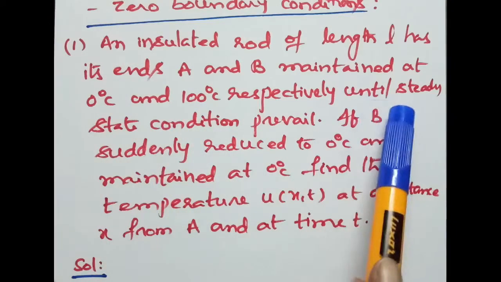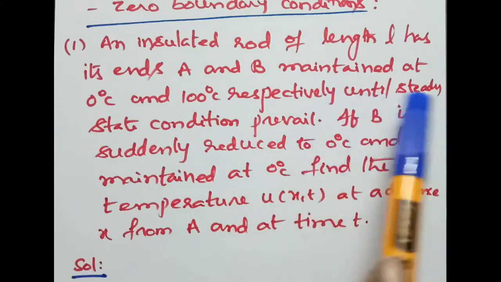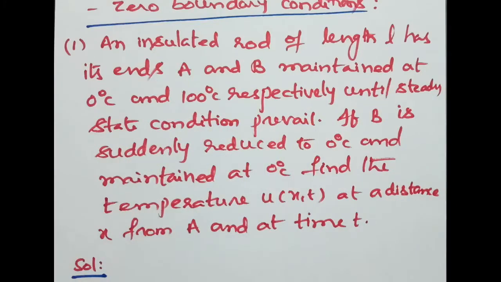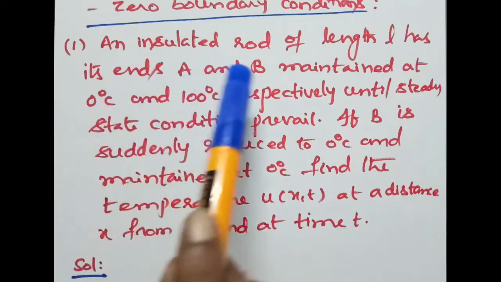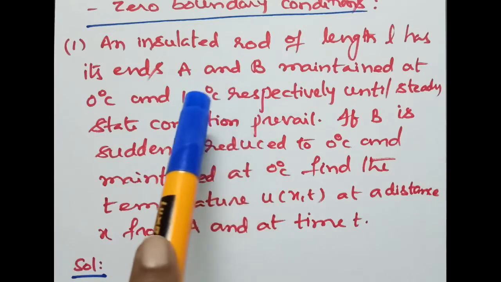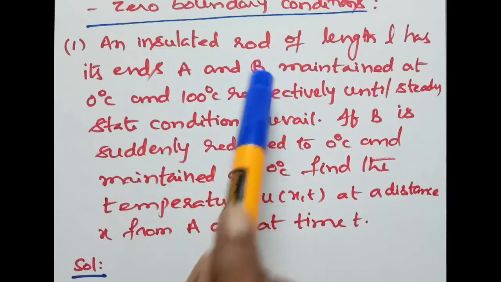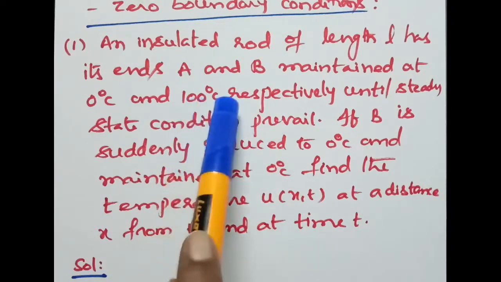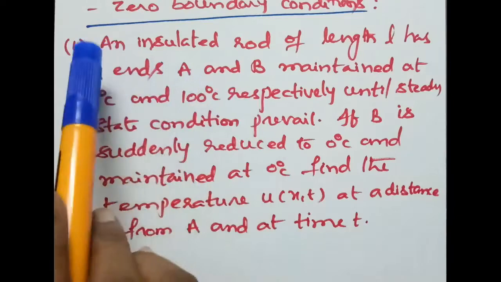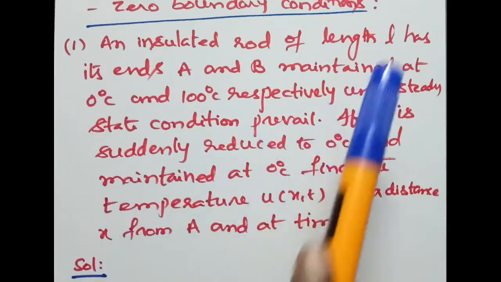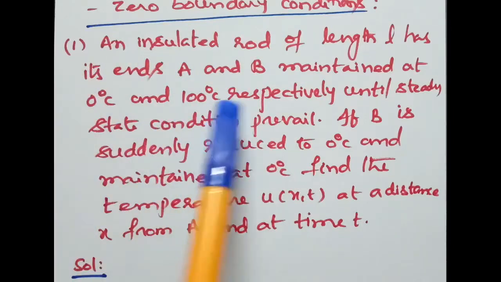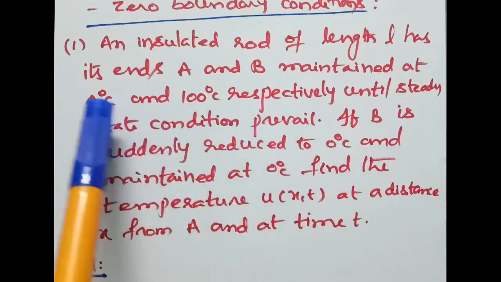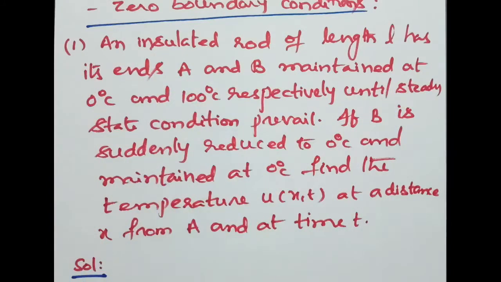So given that in the steady state condition, that means until the steady state condition prevails, the temperature at one end is 0 degrees centigrade and the temperature in the rod at the other end point B is 100 degrees centigrade, and a rod of length L. So this is the boundary conditions in the steady state, 0 degrees and 100 degrees.